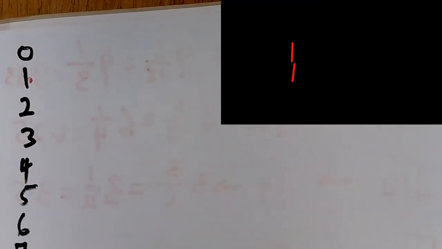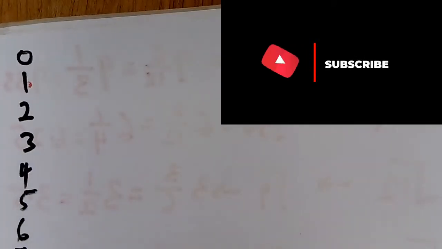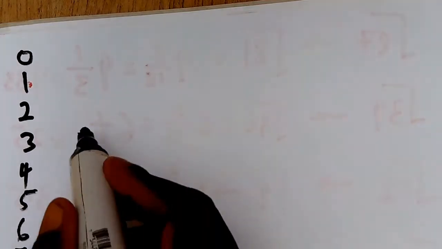Okay, so let's start with how we can find the multiplication table for 9 by 1. Very simple. Now you start from 0 to 9. From the right-hand side, also start from 9 down to 0.